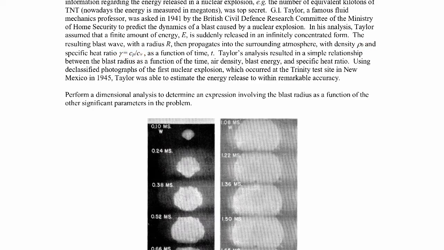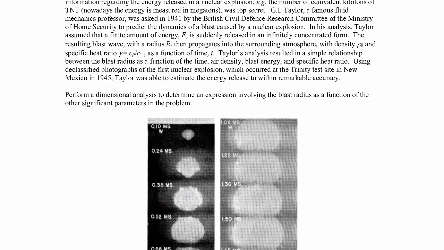The specific heat ratio, if you've had thermodynamics, is a thermodynamic quantity of the specific heat at constant pressure over the specific heat at constant volume. So that blast radius is propagating into the surrounding atmosphere with the density and specific heat ratio as a function of time. So he said that the release of energy was a function of those variables.